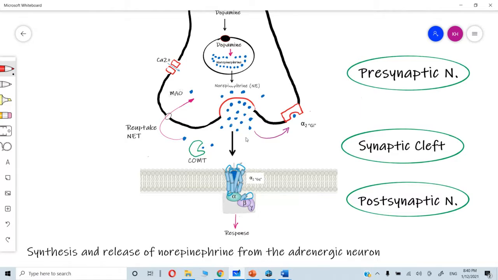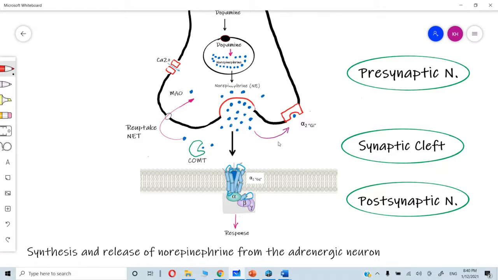What is the fate of this neurotransmitter when norepinephrine is released in the synaptic cleft? Number one, binding to the postsynaptic receptor, the alpha 1 receptor.